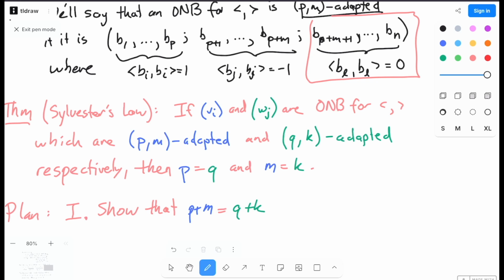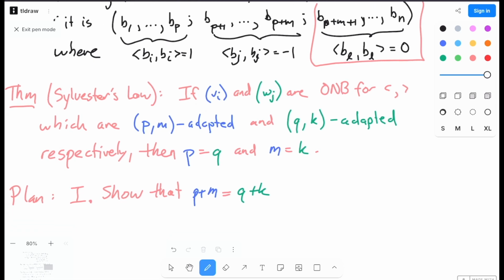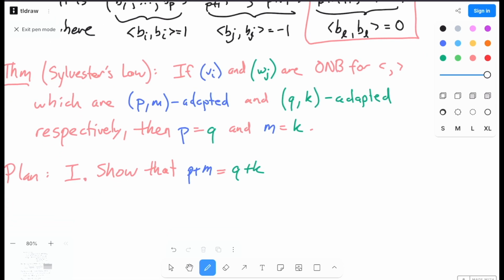The reason I'm going to save that comment is until after I write the second part. So that's step one, and then step two, we'll show directly that P is equal to Q. Excellent.